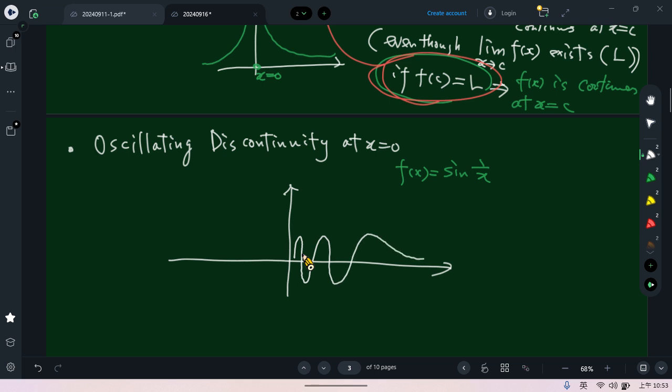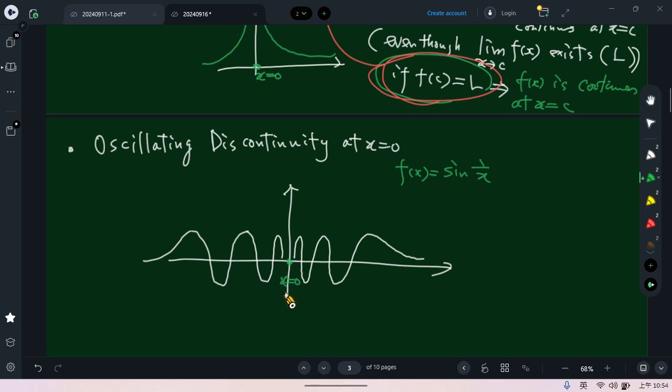Like this one. And the curve will also vary like this one. So we cannot make it touch as s is approaching 0. Therefore, in this case we say it is an oscillating discontinuity.